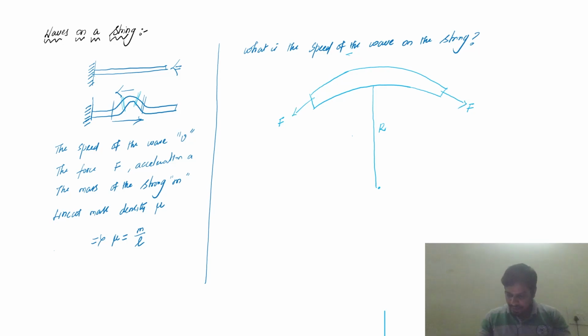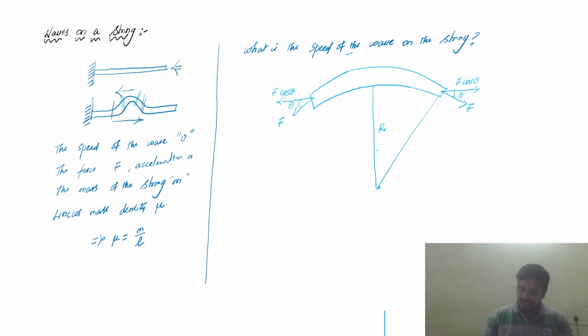The angle the tension force makes with the horizontal is theta. Here also, on the left-hand side, the tension force makes angle theta. So this horizontal component of the force is F cos theta, and this component is again F cos theta.